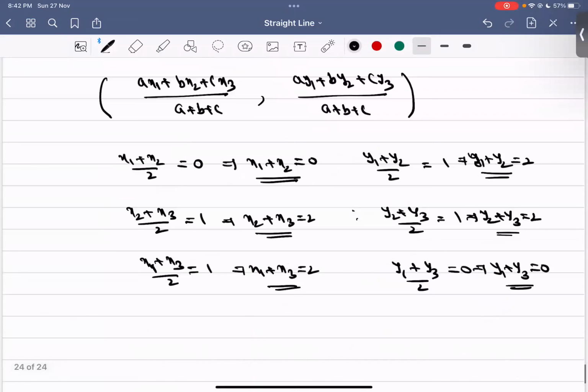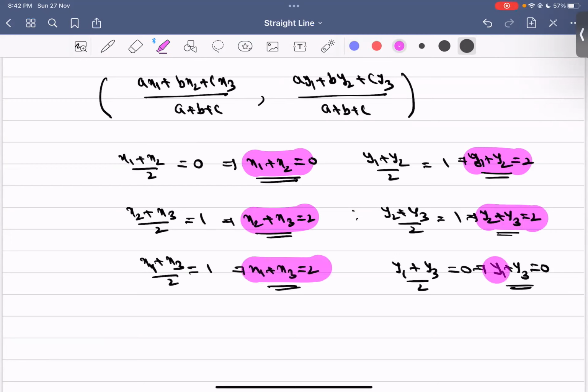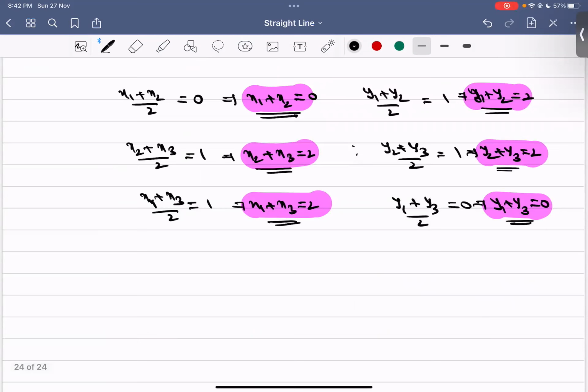So we have 6 equations and 6 unknowns, so you can solve. To solve, you add these 3 equations. Then you get 2 times (x1 plus x2 plus x3) is equal to 4. That implies x1 plus x2 plus x3 is equal to 2.